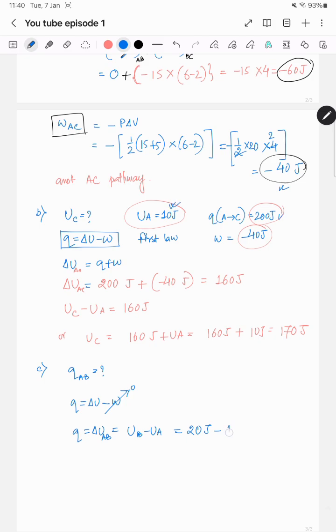It is 10 joule. So the change of heat energy will be 10 joule. This is the answer for the third one.